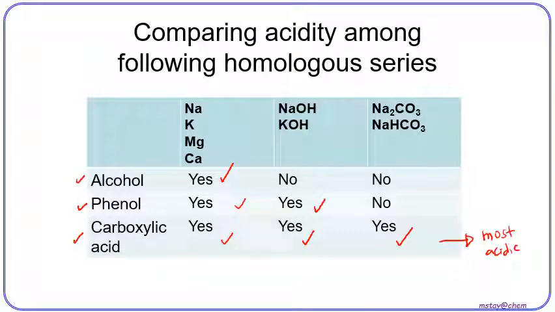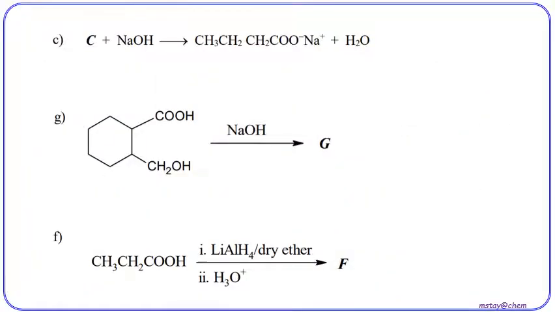Okay, so now we will look at how we answer questions related to reactive metal, hydroxide, and also carbonate. Let's start with tutorial question number 8. For 8C, we can see there is NaOH, and then here we have O negative and Na plus.